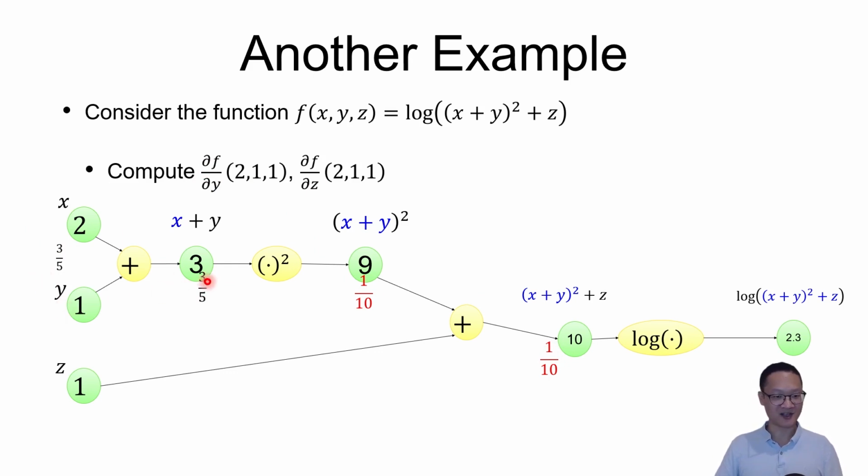For y, we already kept the 3 over 5 over here. So we just multiply by the derivative of x plus y with respect to y. That's 1. Multiply that with 3 over 5. And then for z, from this step over here, we get a 1 for the derivative, and then multiply by what we had before, 1 over 10.